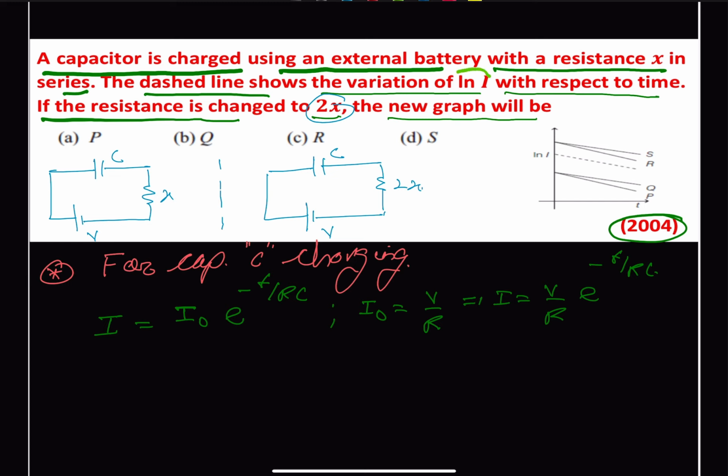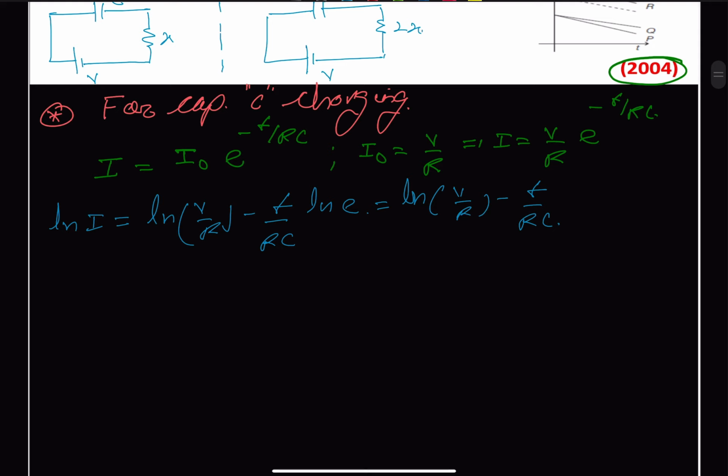And we need to find out the natural log of I. So if we take natural logarithm for both sides, we get natural log of I is equal to natural log of V upon R minus t upon RC, since natural log of e is 1. So the natural log of I is equal to natural log of V upon R minus t upon RC.